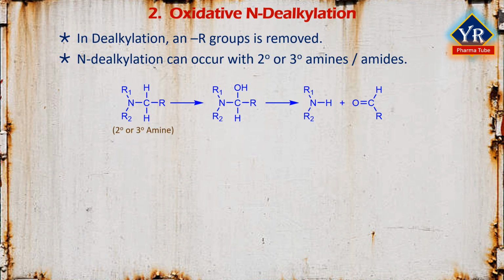As shown in the figure, the alkyl group present in the drug molecule initially undergoes oxidation to form a carbinolamine. The carbinolamine then undergoes a reaction leading to the formation of a N-dealkylated drug molecule and either an aldehyde or a ketone depending on the alkyl group that is removed.